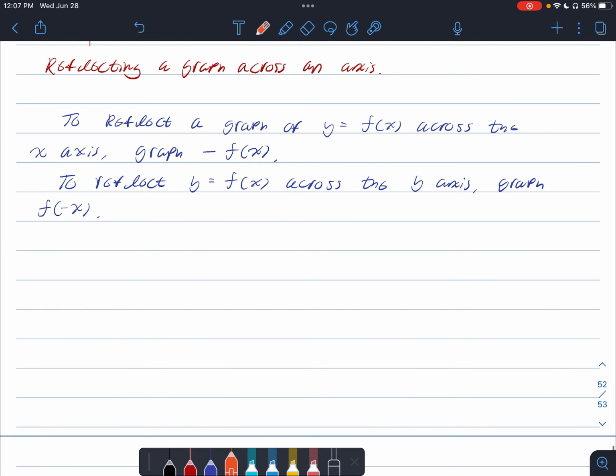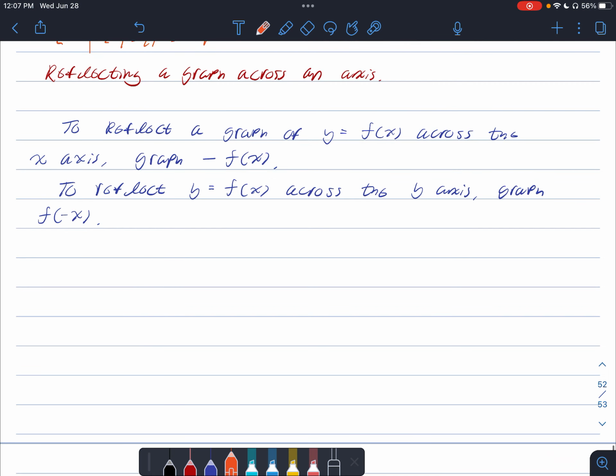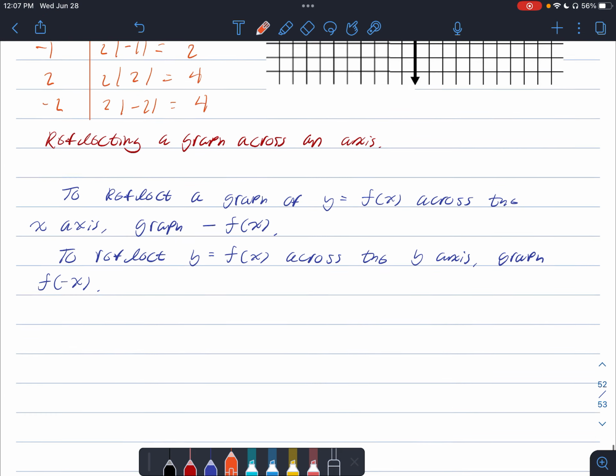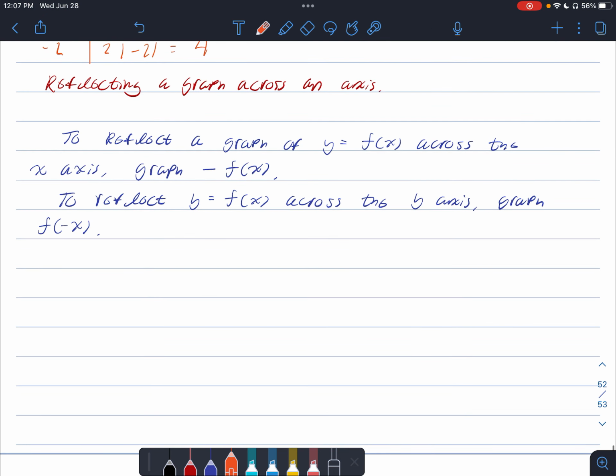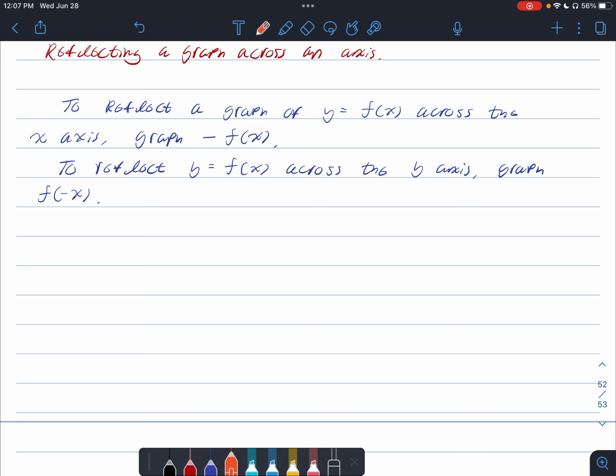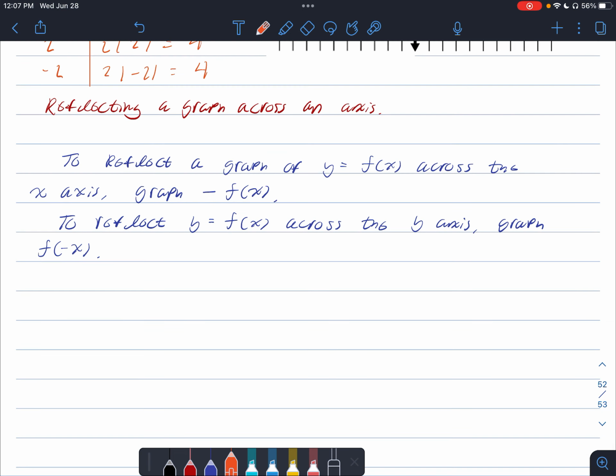And then, real quickly, just for the sake of time, hopefully this makes sense. Well, we'll go ahead and do one, why not? Let's say we want to reflect a graph across an axis. If we have some function y equals f of x, and we want to reflect this graph across the x-axis, we're going to graph negative f of x.